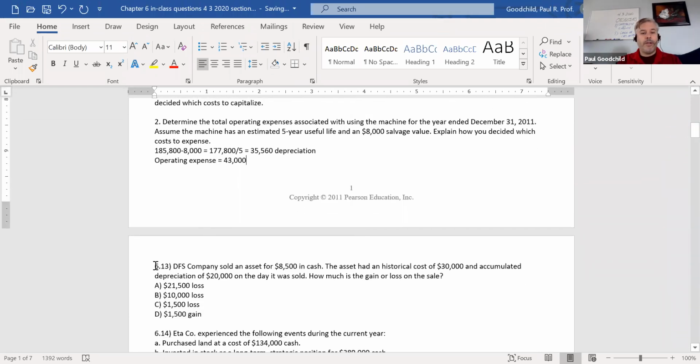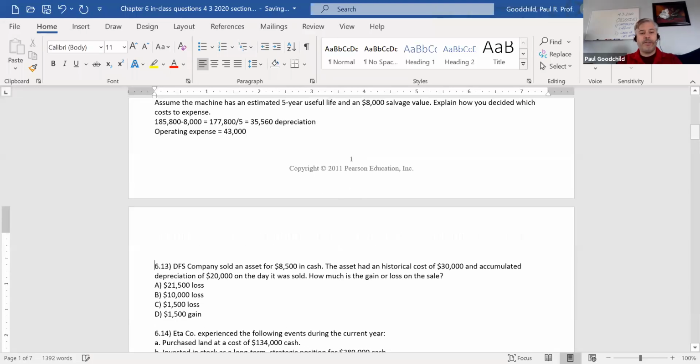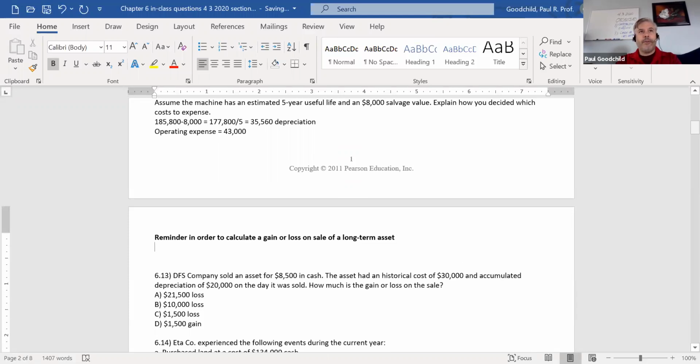Okay, now moving on to the next topic, and this is hopefully just a reminder that in order to calculate a gain or loss on sale of a long-term asset, you take your cash or proceeds received and subtract out the book value.